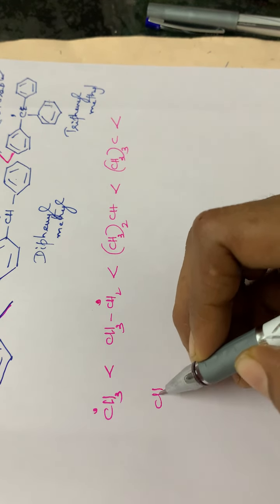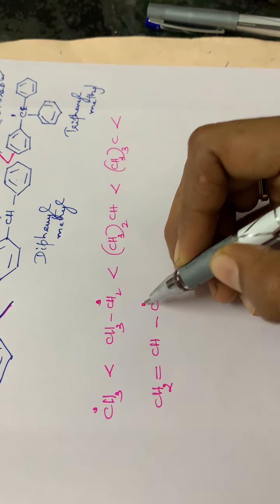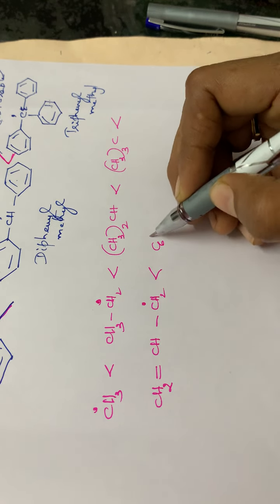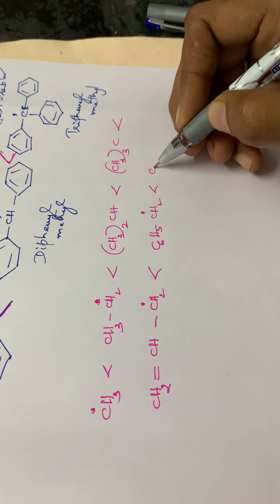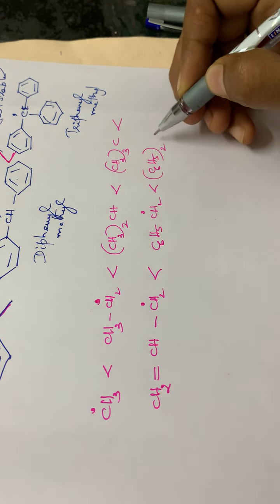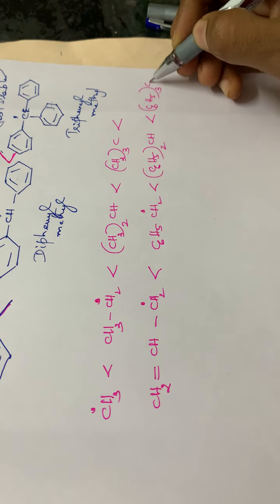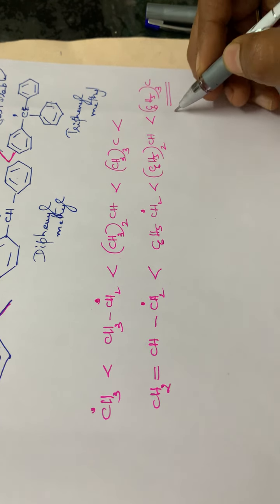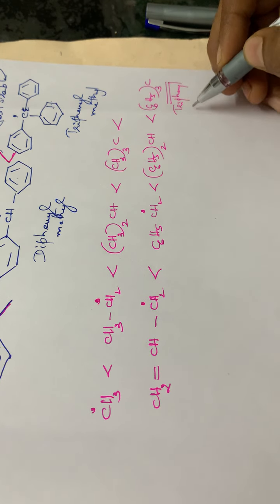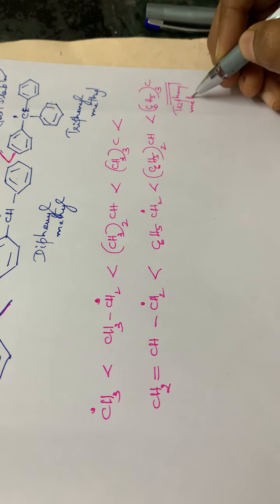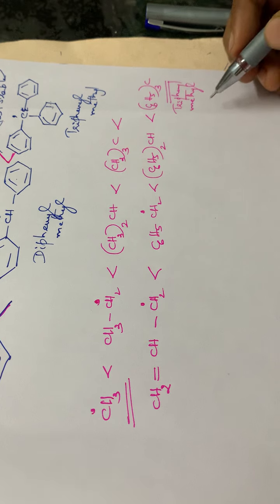Allyl means CH2=CH-CH2 dot, which is less than C6H5CH2 dot, which is less than (C6H5)2CH, which is less than (C6H5)3C. That means this is the triphenyl methyl free radical. Okay, triphenyl methyl. So the most stable one among these will be this triphenyl methyl free radical, and the least stable will be this methyl free radical.